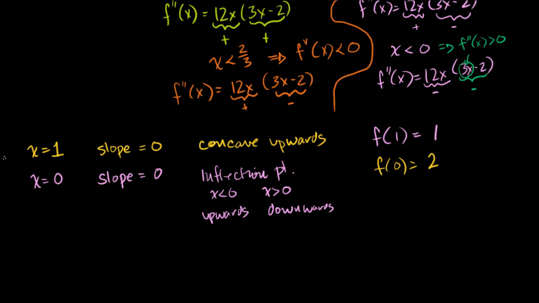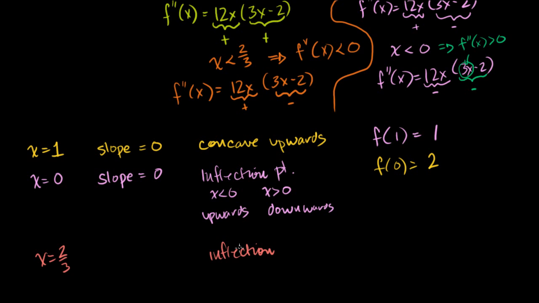And then finally, we got the point x is equal to 2/3. Let me do that in another color. We had the point x is equal to 2/3. We figured out that this was an inflection point. The slope definitely isn't 0 there because it wasn't one of the critical points.